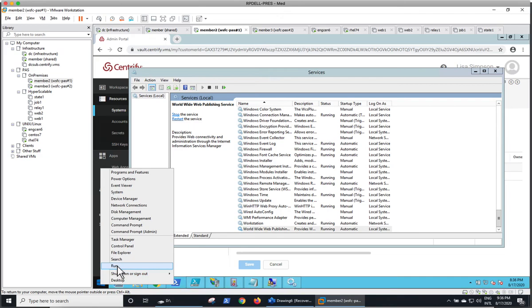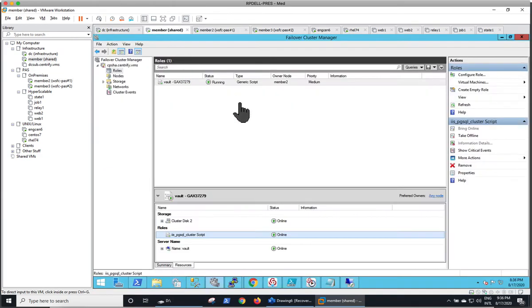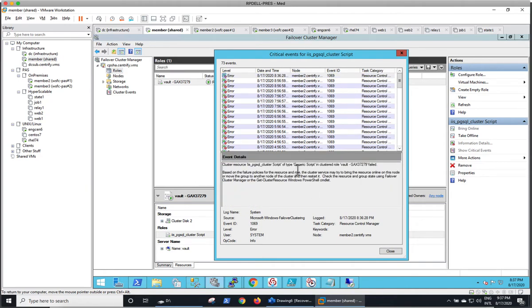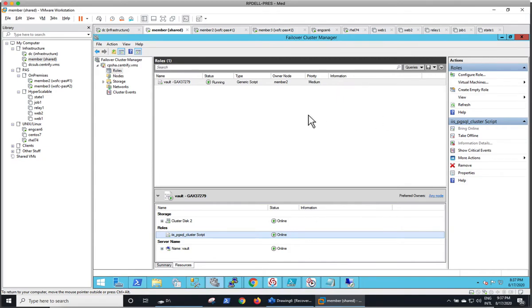And in the event log for the cluster, you should see some of the critical events that have happened. For example, that anything related to this script had to be restarted. Okay, so this shows you that any dependent service, the database, the web layer, are going to be resilient.